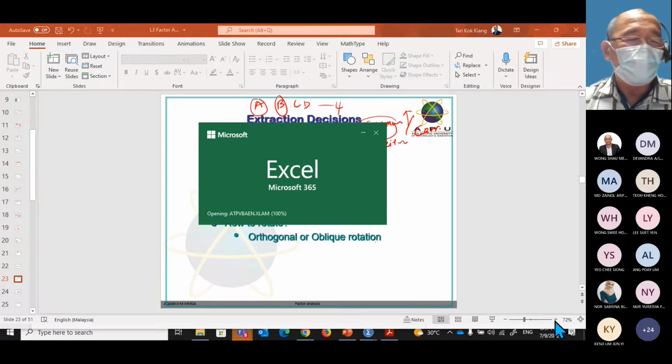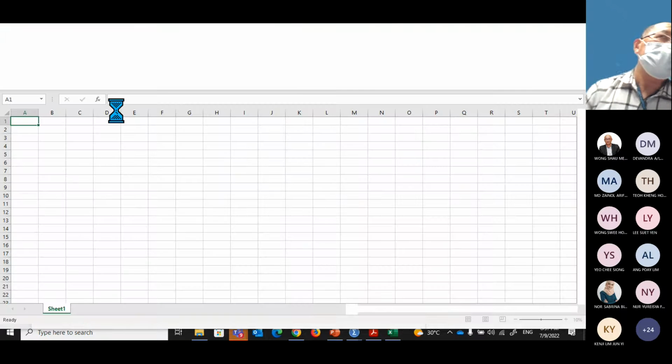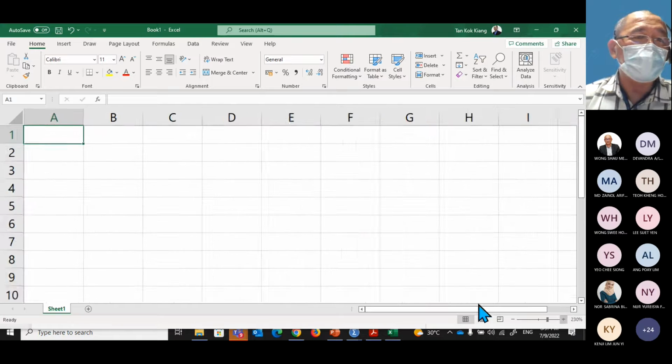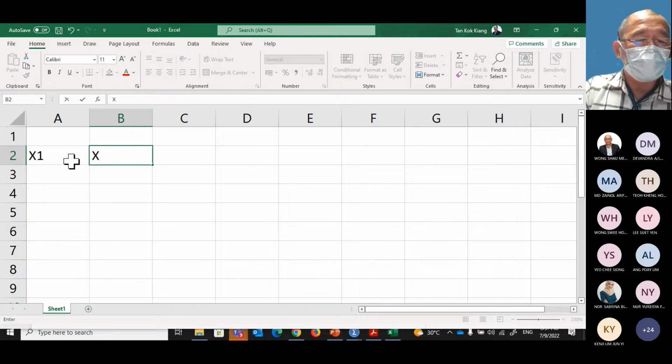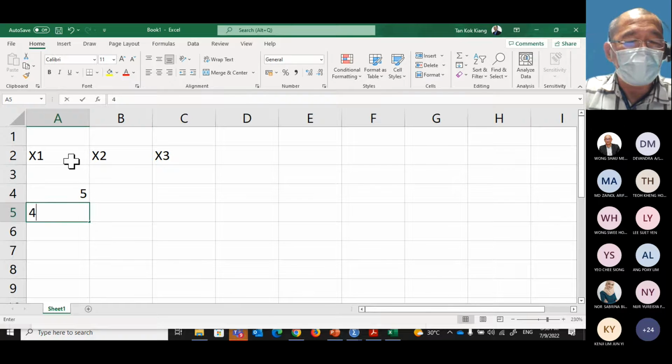So I give you variables. When the values are high together, you can say it's correlation. It's also quite similar to correlation in this context. So let's say here we got three variables, x1, x2, x3. For x1, the respondent always answers 5, 4.